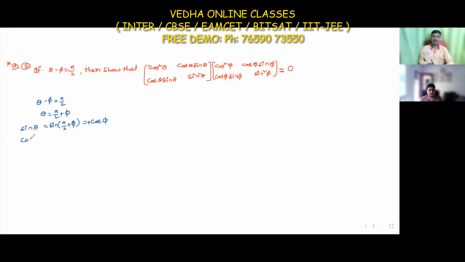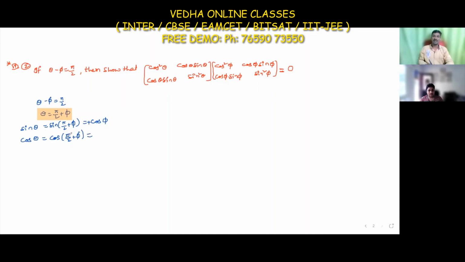If you apply cos on both sides, cos theta is equal to cos of pi by 2 plus phi.